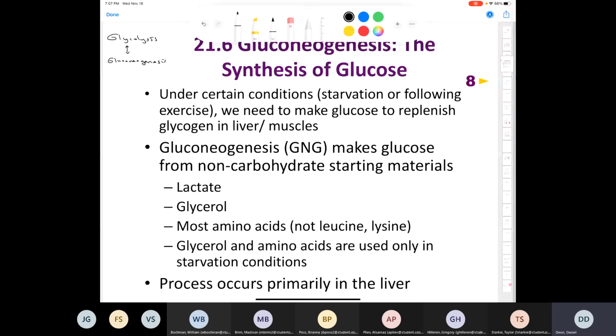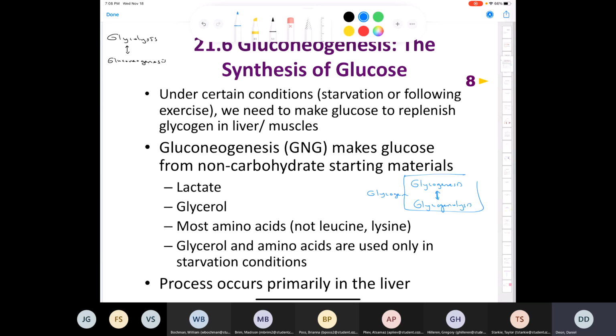I'll write them down here. I'm going to use a different color. Glycogenesis and glycogenolysis. Those are also opposites of each other, but those have to do with the molecule glycogen. So glycogen is what they are dealing with.